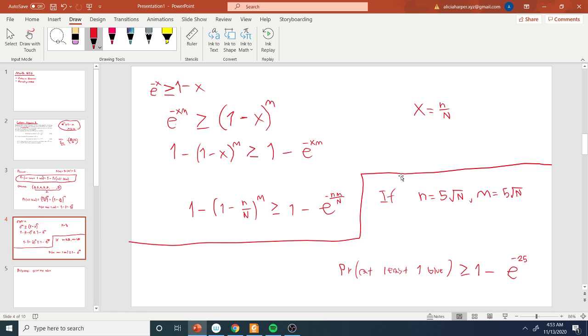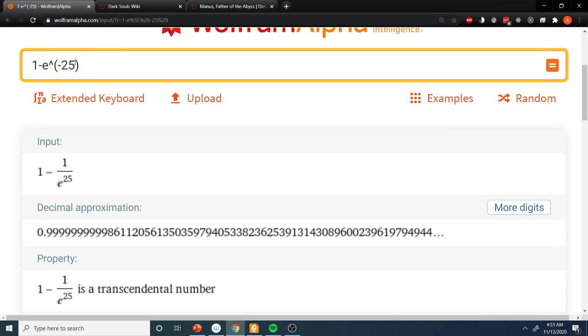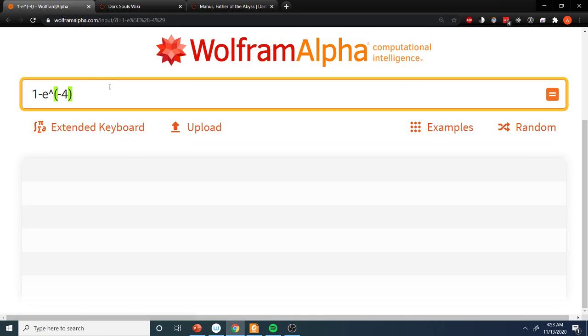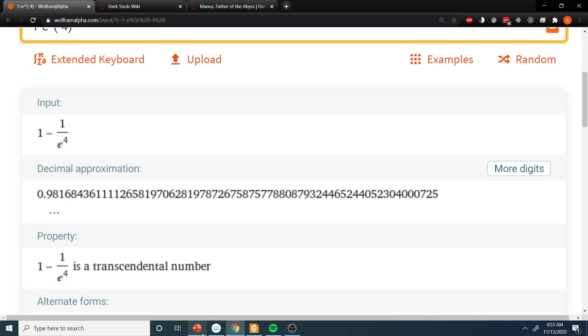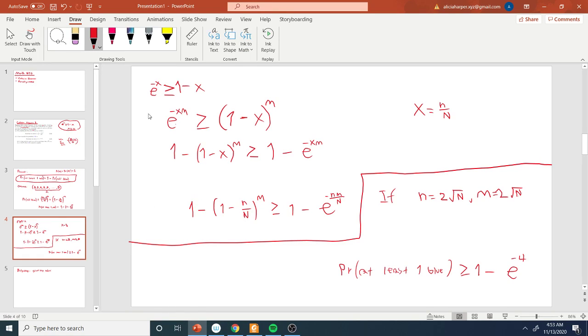In fact, we could even change this a little bit. If 5 is too big for us, we could replace the 5 here with 2. And now it just becomes 1 minus e to the negative 4. But even then, this is going to be very close to 1, if not as close. So you can see that you have a roughly 98% chance of finding a match. So this is the first collision theorem.